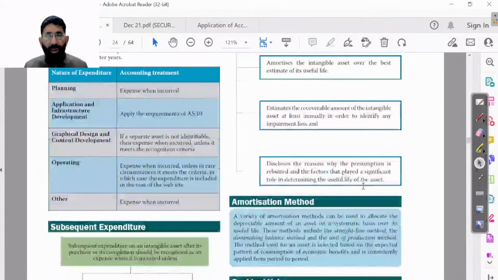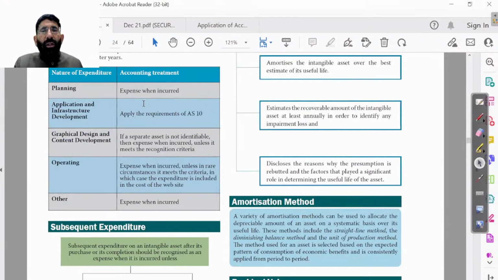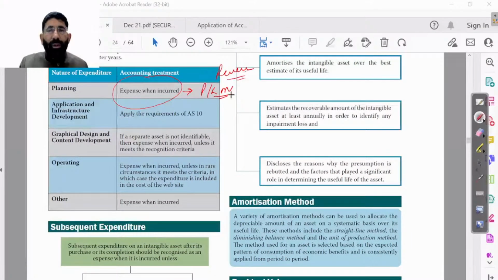So it has been given in this way. Nature of expenses: whatever expenses are incurred on planning will be debited to P&L account because these are revenue expenses when incurred, debited to P&L account. Application of infrastructure development, that is depreciation. So apply the requirement of AS 10, that is depreciation.